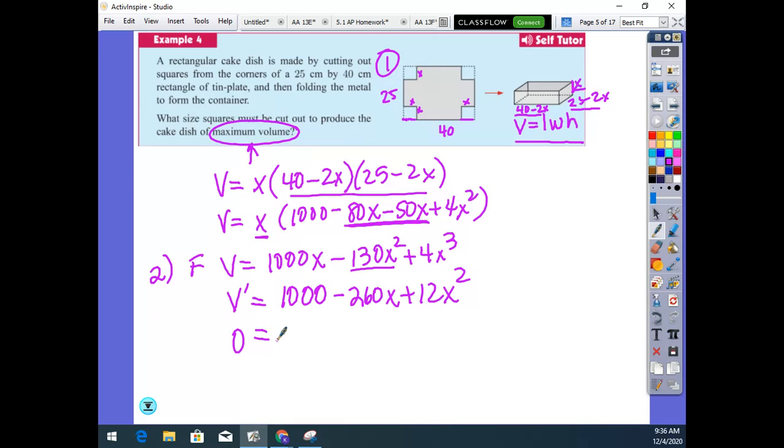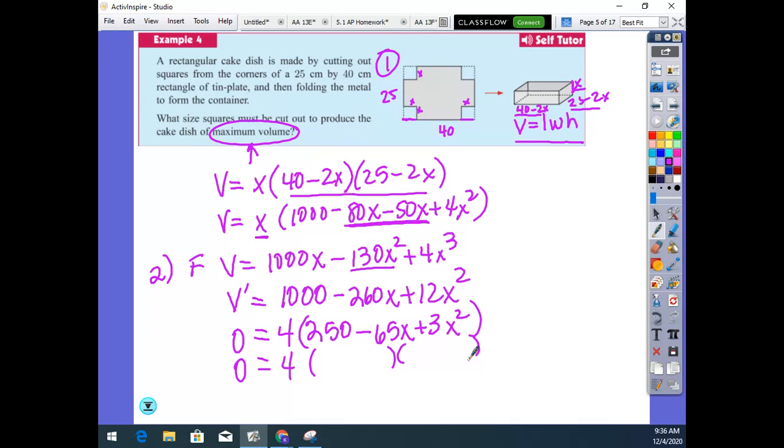So this one's kind of mean. First of all, we can factor out a 4 because there's a GCF of 4. And this is factorable. I will say they're a lot nicer on the IB test.